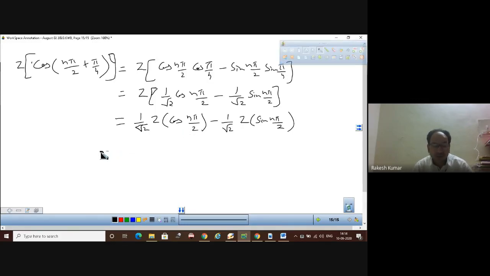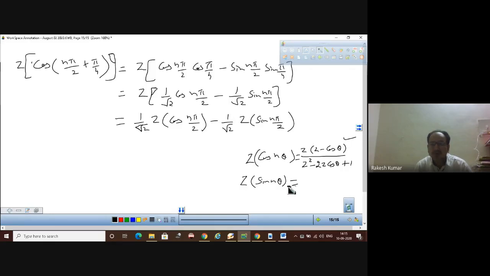Now you can apply the formulas straight away, and the formula was Z transform of cos of n theta. This formula was computed, and similarly Z transform of sine of n theta was computed in the previous class. The formula for Z transform of cos n theta was Z into Z minus cos of theta, divided by Z square minus 2Z cos of theta plus 1.